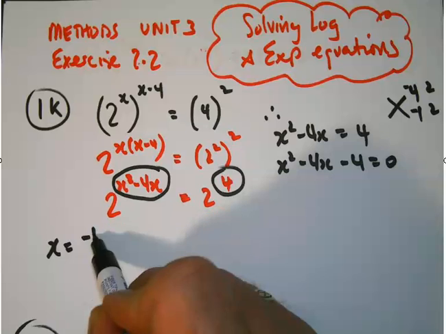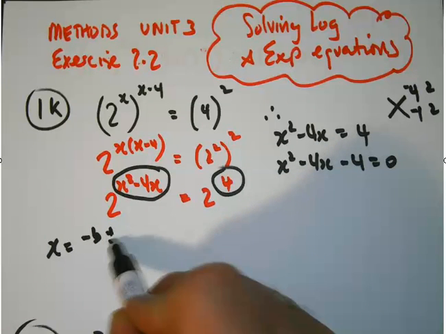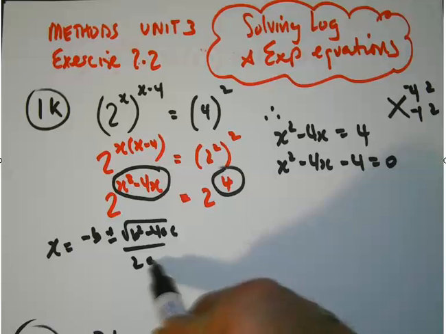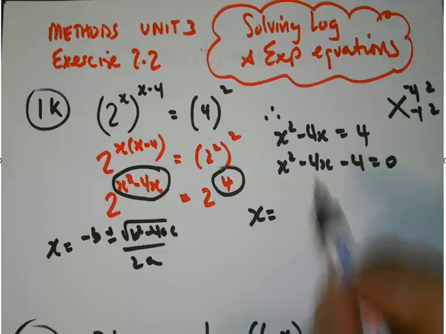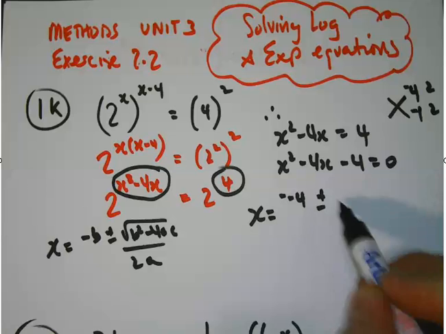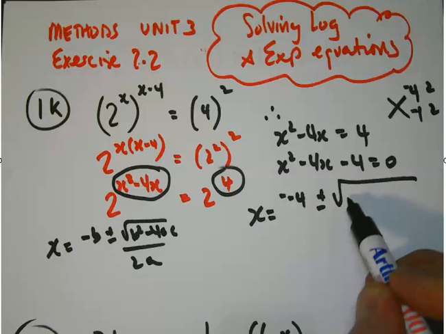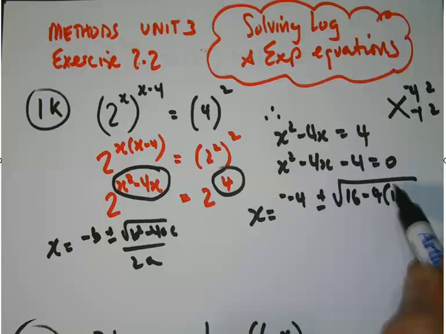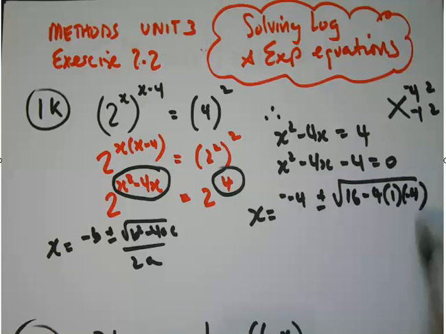x equals minus b plus or minus the square root of b squared minus 4ac, over 2a. Therefore x is going to equal minus b, which is minus minus 4, plus or minus the square root of b squared, which is 16, minus 4 times 1 times negative 4, all over 2a, which is 2.